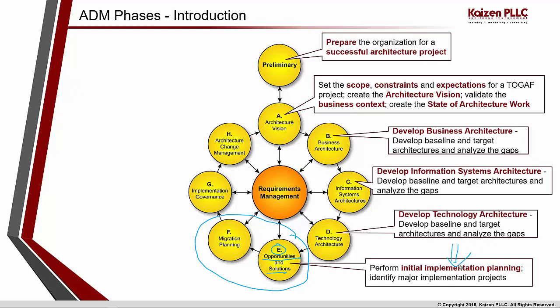So what you do here is you identify the major implementation projects as work packages, and if the work packages are major or complex enough, you identify whether a sequential or an incremental approach is required. If so, you determine the transition architectures. Okay, transition architecture 1, transition architecture 2, 3, etc. And also you decide upon the approach.